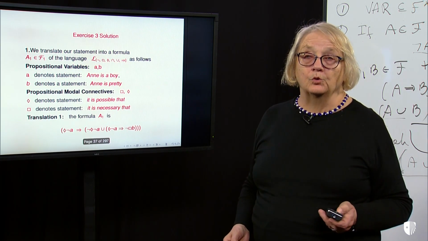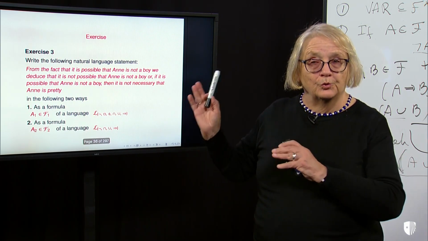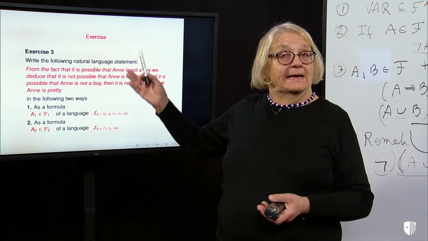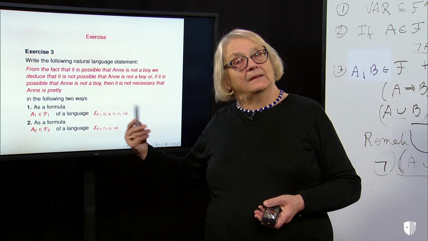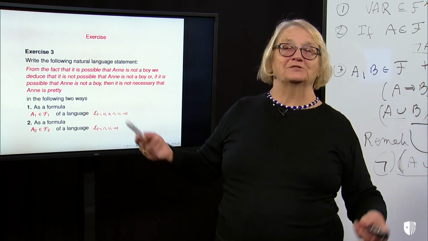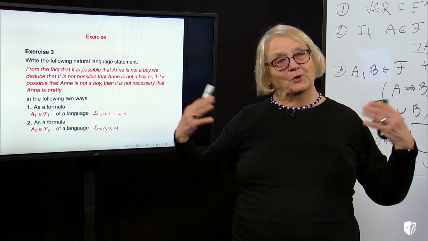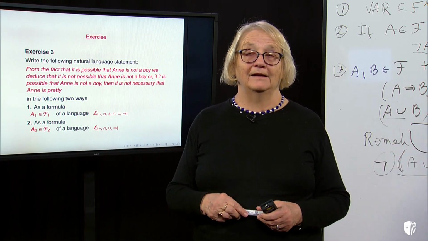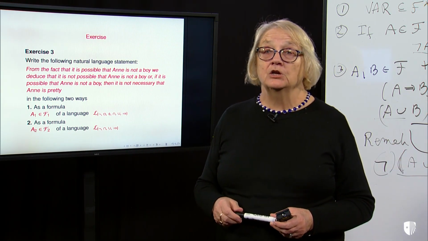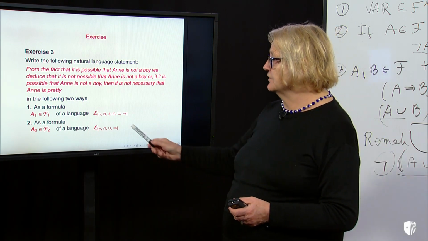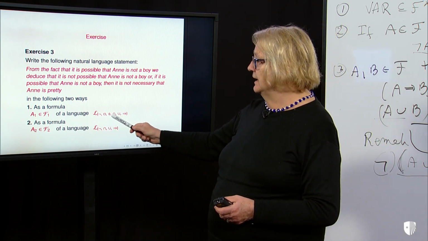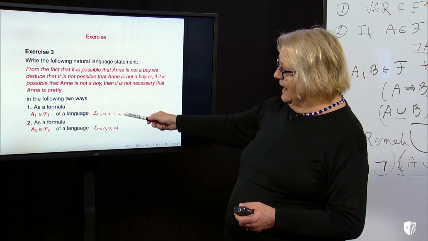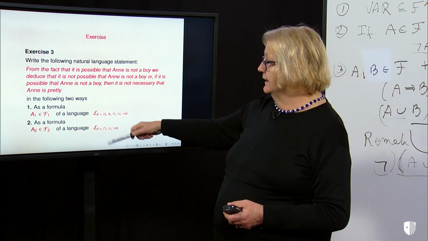So I want to go with you through that example to show you how you do it. This is a typical exercise and a typical translation. So now we can take normal sentences and translate them into formal languages. When you do the translation, first of all, you look at your language and identify the connectives.